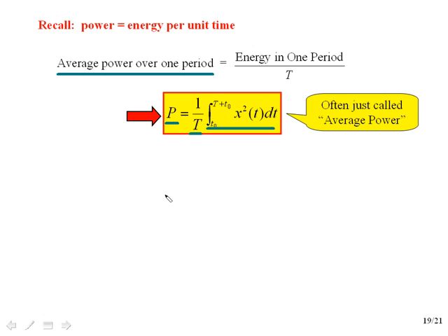So we often just call this the average power. And in fact, we often just drop the average and we just call it the power. So the average power over one period of a periodic signal can be found by integrating the square of that signal over one period duration and then dividing by the period.